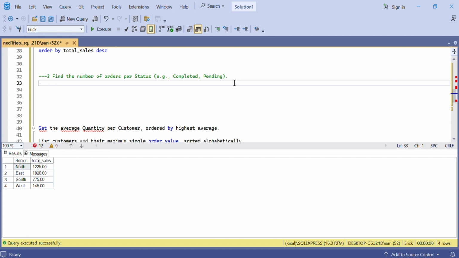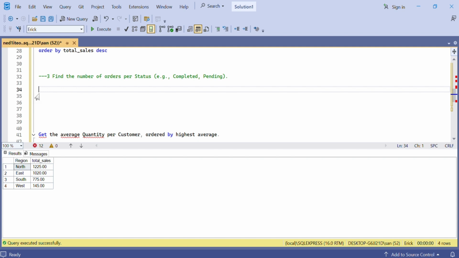So this means we'll have to count the number of orders, and then we group by status. So first of all, we'll have to count the number of orders, and then we'll group by status so that you can get the number of counts per status.